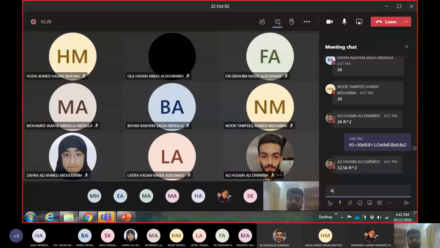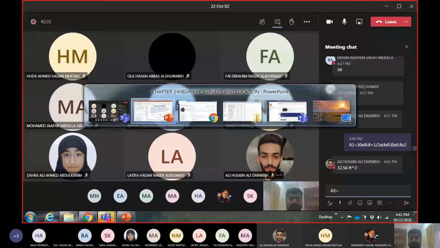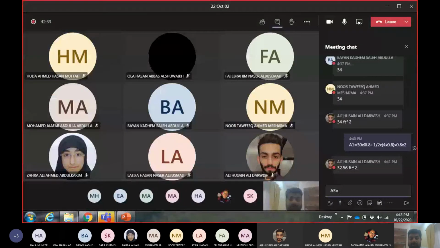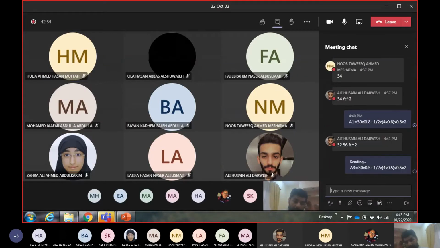So at station 3, I'll call it area 3. I have a rectangle which is 30 feet width and 0.5 feet height. Then I have the triangle. Okay, the base of the triangle will be 4, the slope multiplied by the height, which is 0.5, multiply by the height again for the area, multiply by 2 for both the triangles.